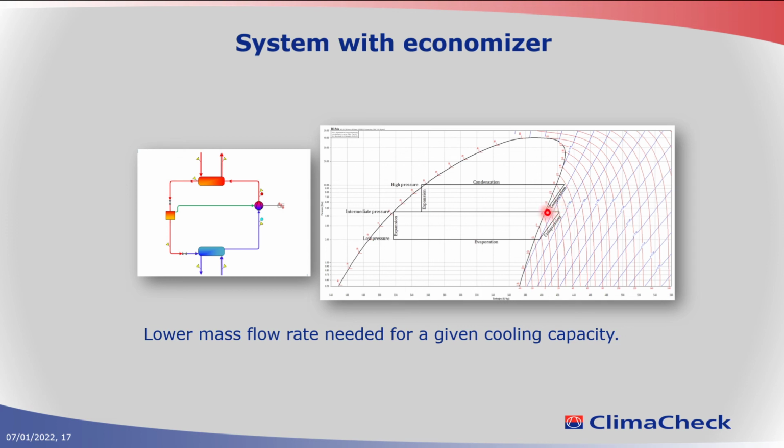At this point, the vapor from here is mixed with this superheated vapor from the first compression. It cools it down, and then it goes into the next compression and goes up to the condensing pressure. So the compression is done in 2 stages or 2 levels.